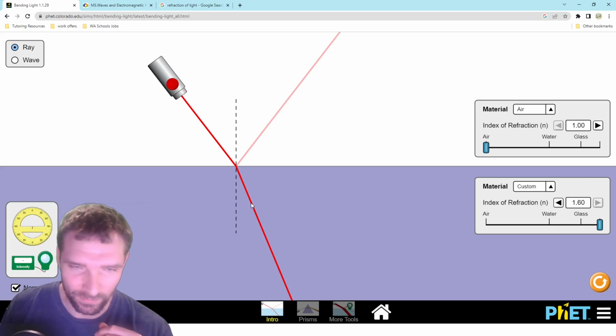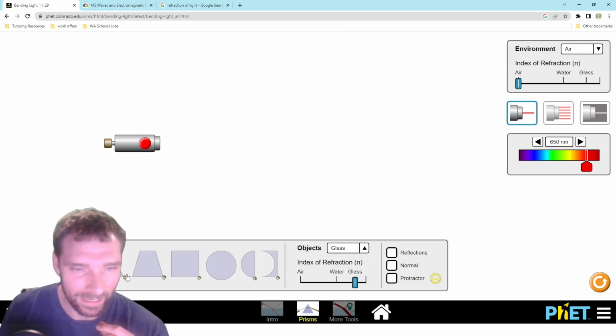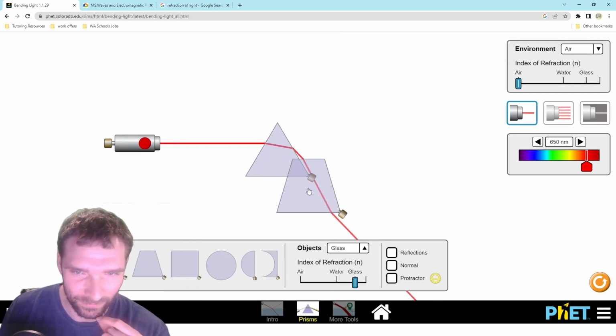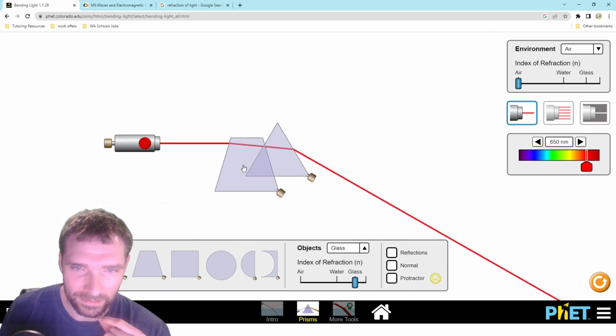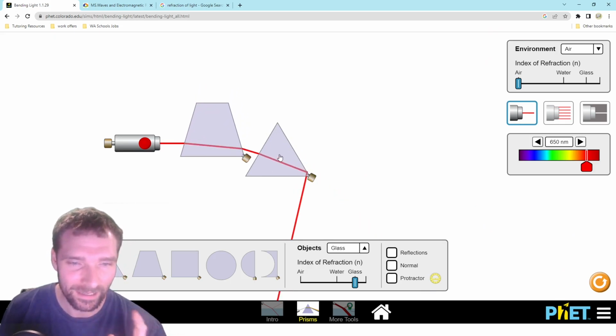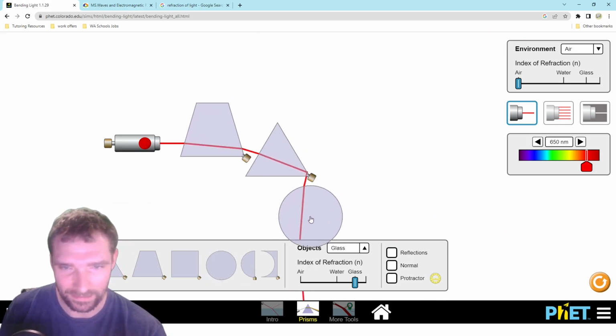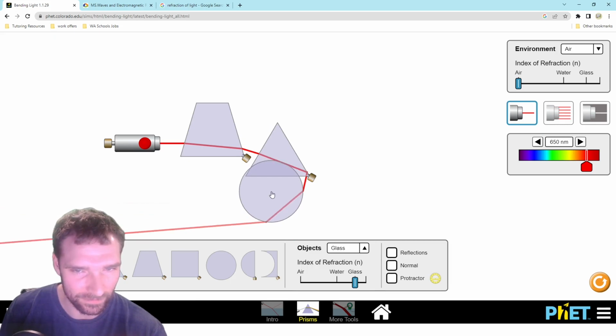You can also do some pretty cool things with this simulation where you can add different shapes and you can actually get the light to refract in a totally contained shape, and it's a pretty cool tool. You can have this hit this circle just right, and if you get it just right, you can actually separate the light into different angles.